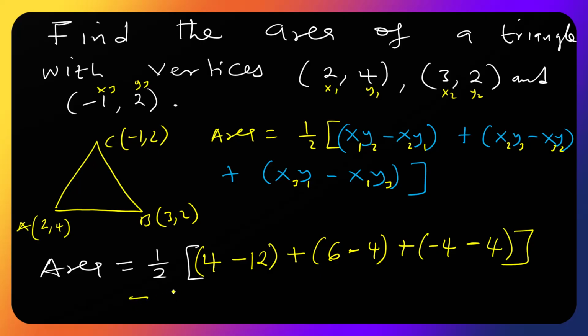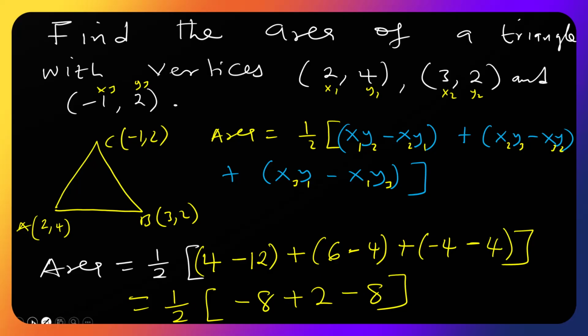So my next step: that will be minus 8 here, plus 2, and we have minus 8. So minus 8 minus 8 is minus 16, plus 2 will be minus 14.